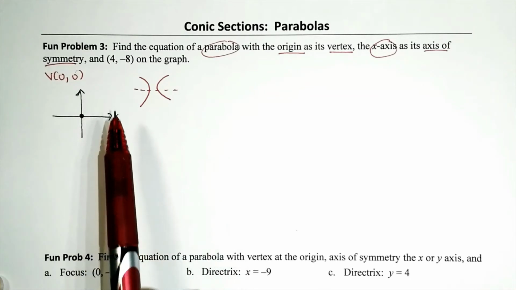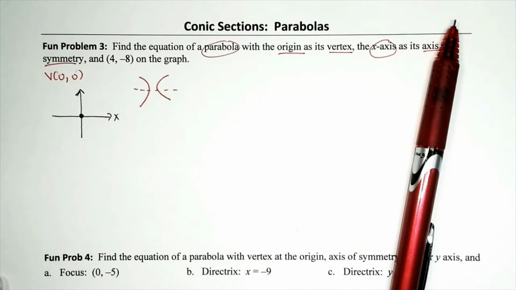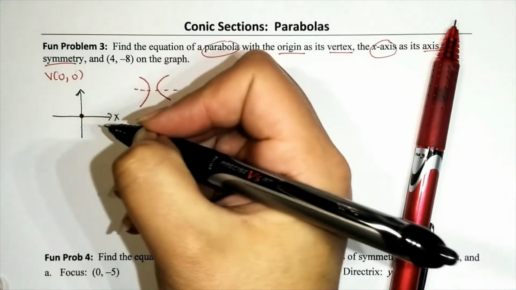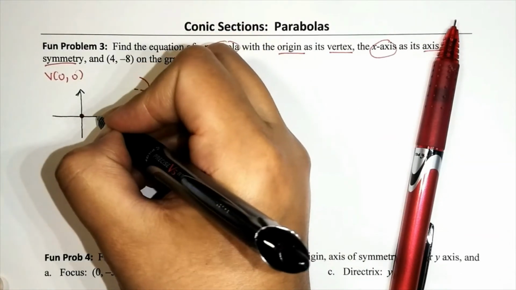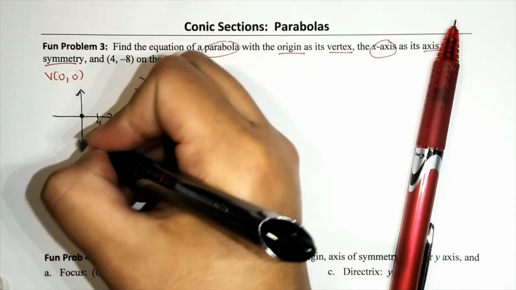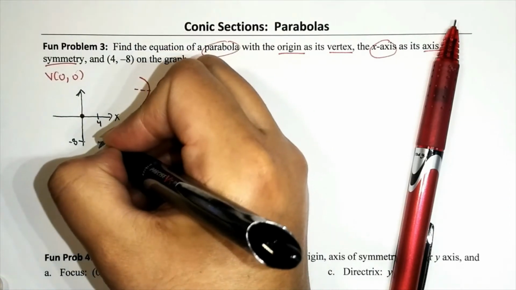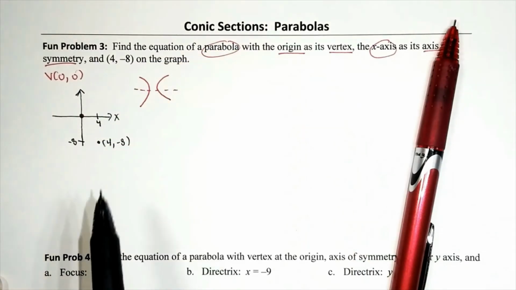We also know that (4, -8) is on the graph. So let me quickly locate (4, -8). And this is what I mean by quickly. We're not going to do 4 tick marks. We're going to do 1 tick mark to represent 4 and 1 tick mark to represent -8. Okay, let me put (4, -8).